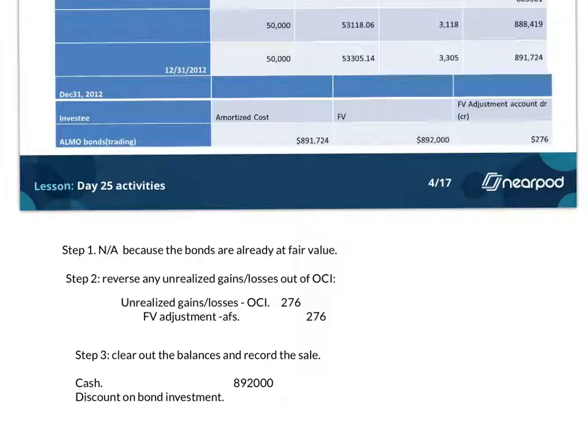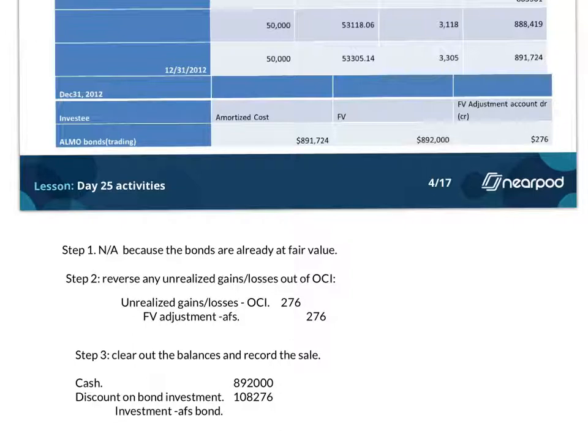And that, if we looked at the discount, would be 108,276. I'm going to finish the entry and I'm going to show you where I got that number. You actually know where I got that number. It is the difference between the face amount and the amortized cost.